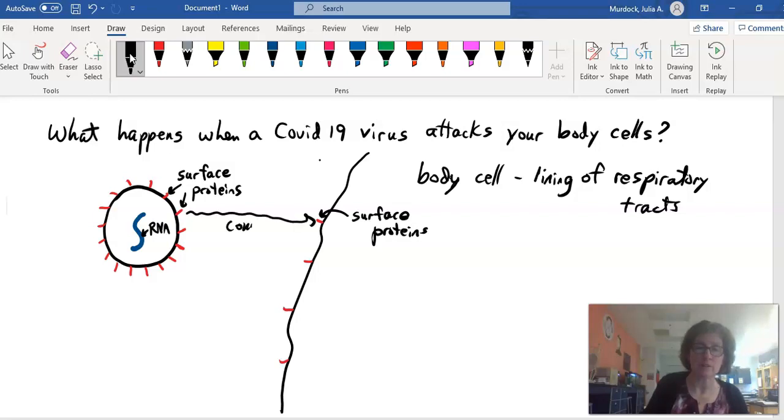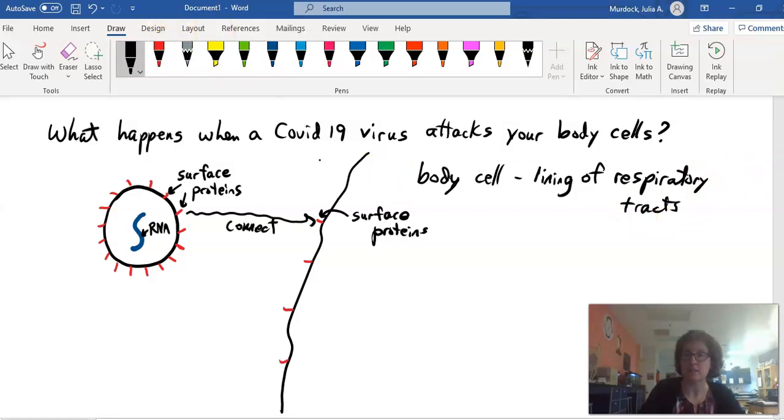There's a connection between the virus and your body cell, which becomes the host cell. That's the first step of viral infection: viruses will specifically only attack the cells in your body that have the right surface proteins. Viruses are picky. They only attack certain tissues. This particular one attacks the cells lining the respiratory tracts, which is why the symptoms that you get are inflammation of all those tracts. That's true for all flu viruses. So there's your first step, a connection there.